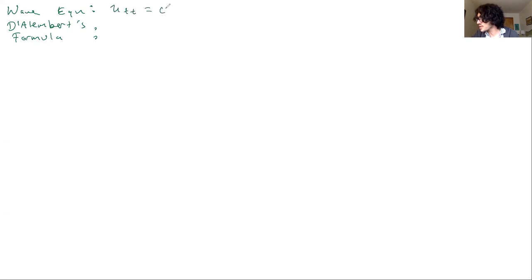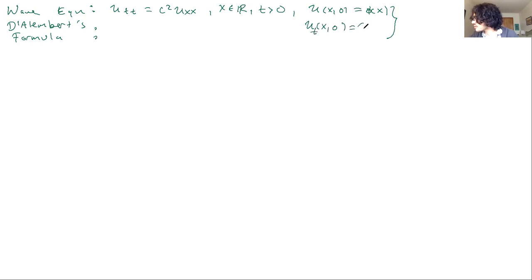So the general initial value problem for the wave equation is the second time derivative of u is equal to c squared times the second space derivative of u on R and t greater than 0. And we have initial conditions u(x,0) equals phi, and u_t(x,0) equals psi, okay?